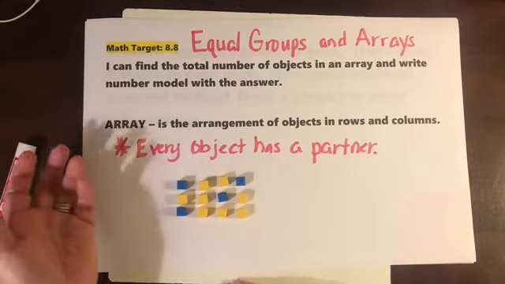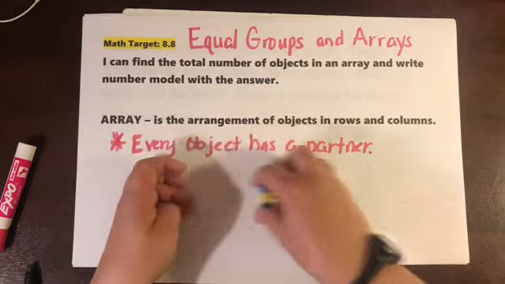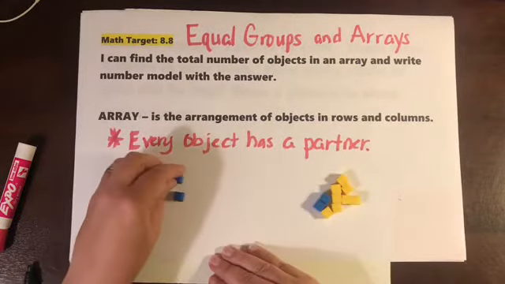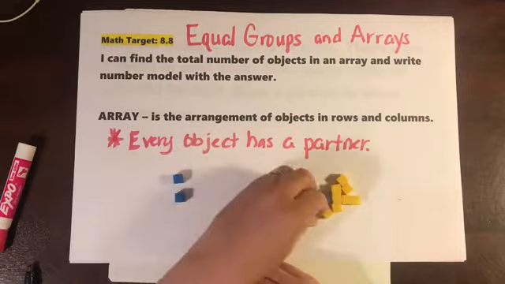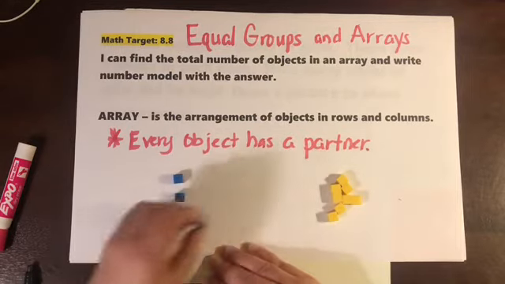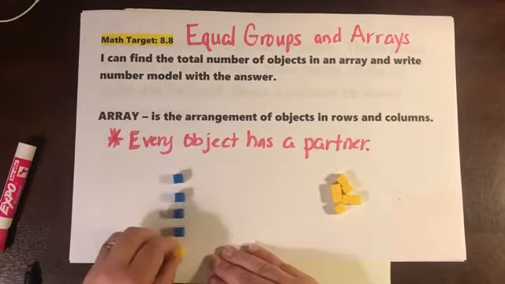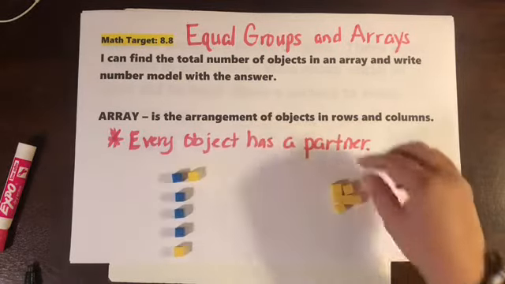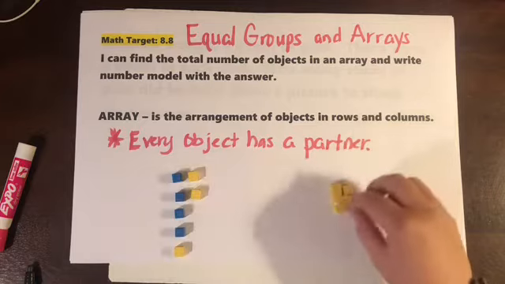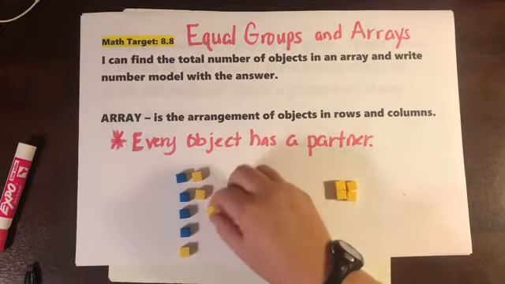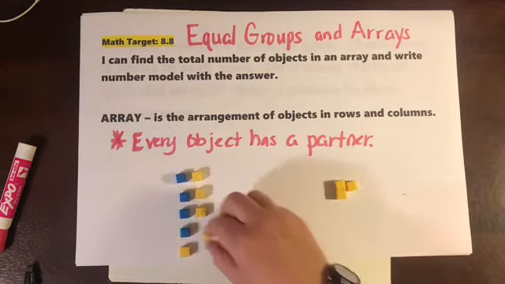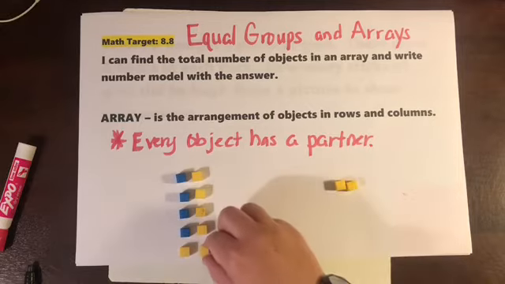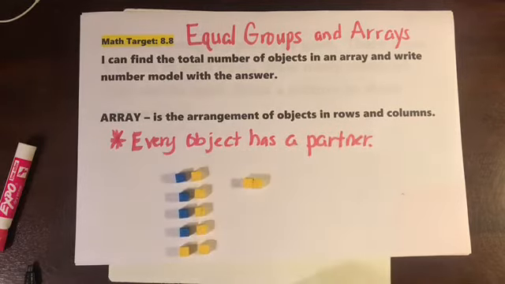But if I wanted to put them in, say, 5s, I'll be making 5 rows. 1, 2, 3, 4, 5. I wouldn't have enough.